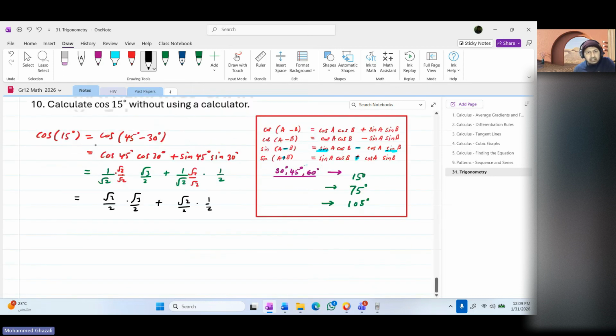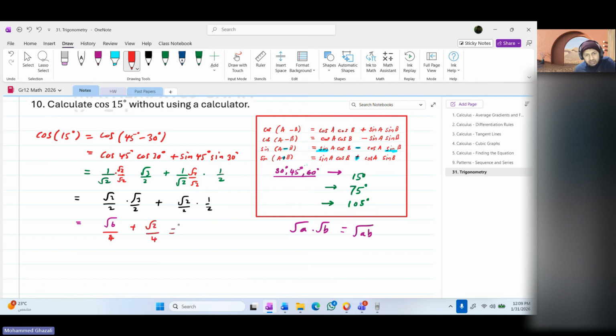Now it's easy because we got root 2 times root 3, which is root 6, rule of surds. If you have root a times root b, you get square root of a times b on the inside. Root 2 times root 3 is root 6, and 2 times 2 is 4. Root 2 times 1 is root 2, and 2 times 2 is 4.